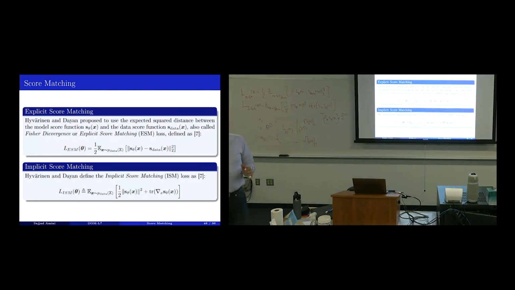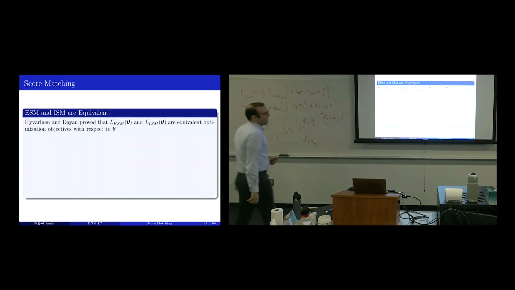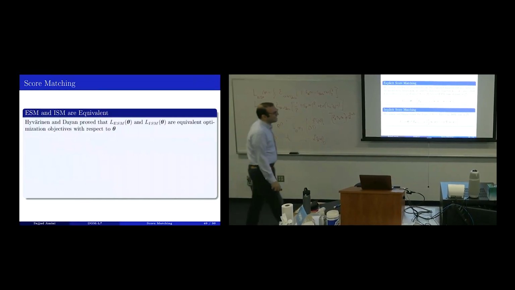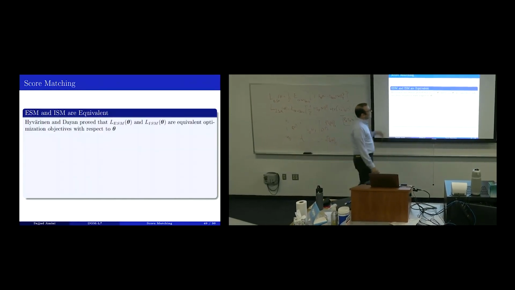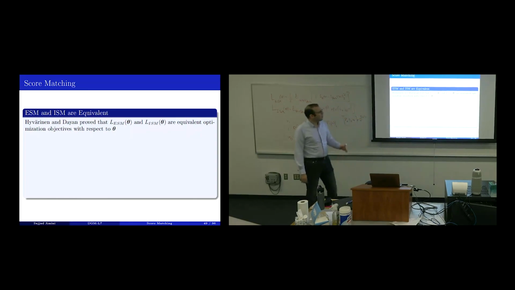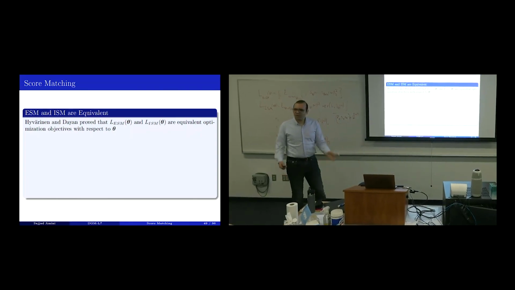Does it make sense? Why can we calculate it? Yes? Everyone? Okay, you will see. One of the most interesting works that Hyvärinen and Dayan showed is that L_ESM and L_ISM are equivalent optimization objectives with respect to theta. What does it mean?